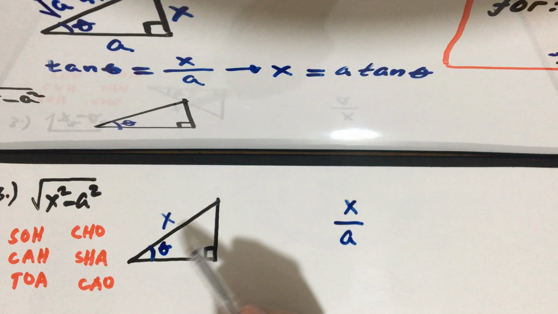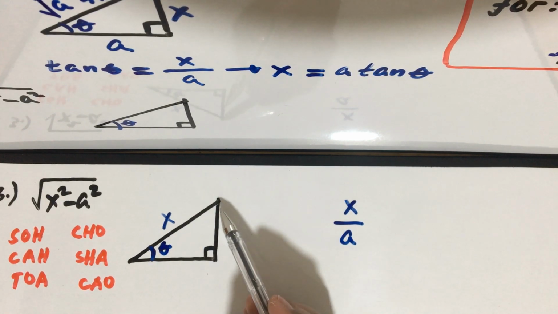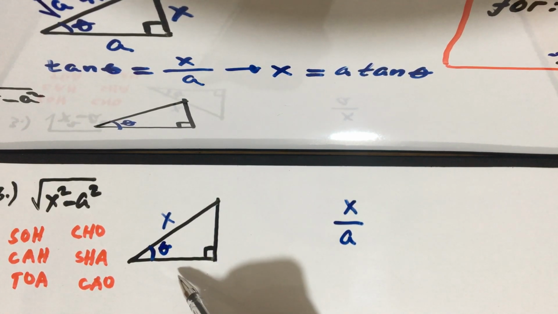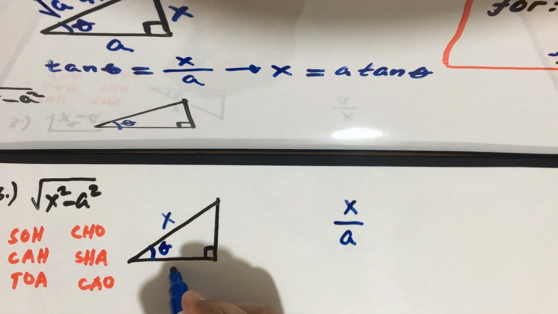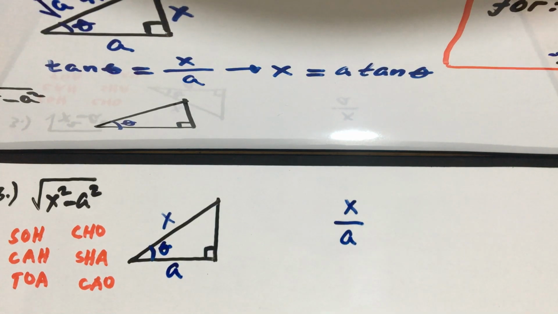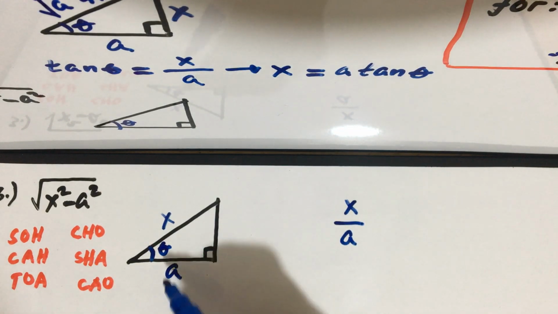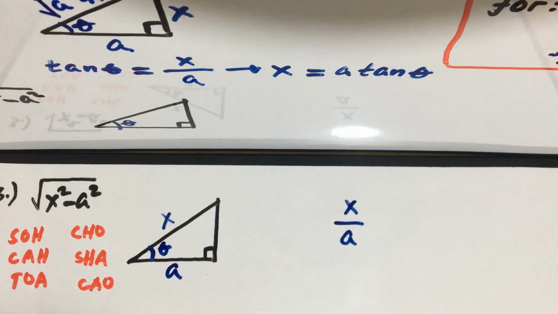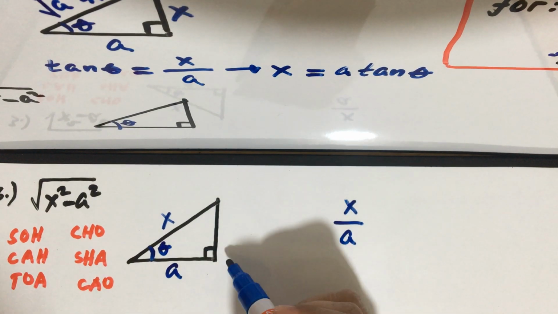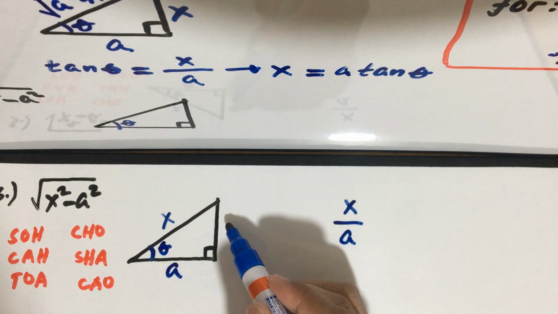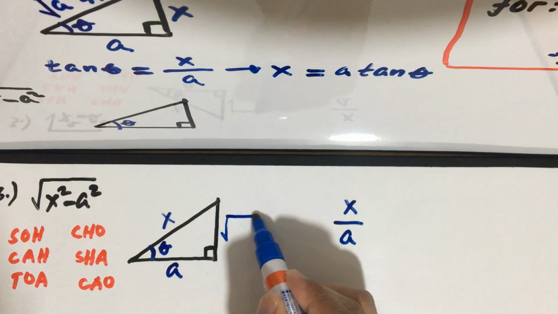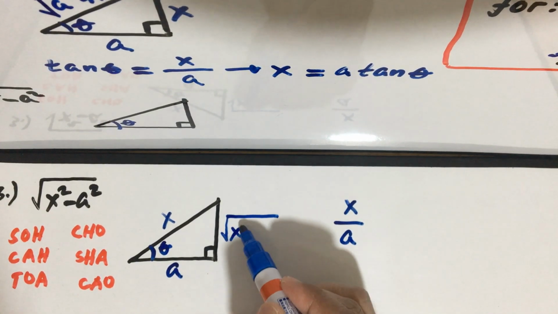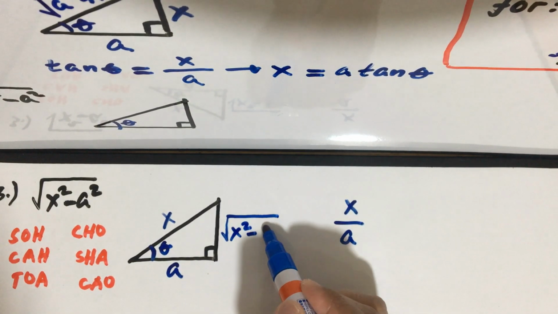Therefore, this x, which is the hypotenuse, then this adjacent should be our a. Alright? So if this is our x and this is our a, what should this side be? This side should be the square root of x squared minus a squared.